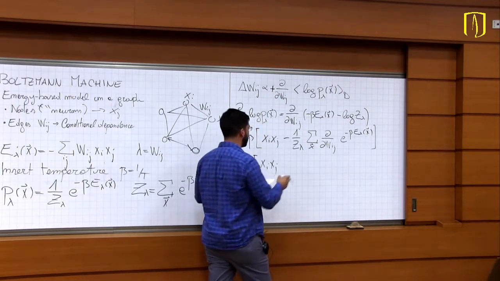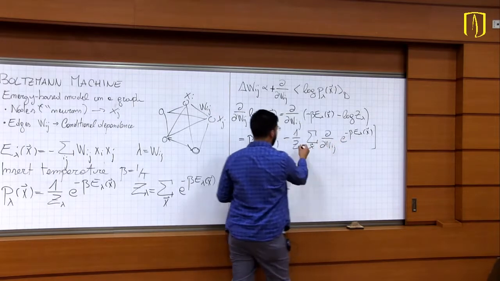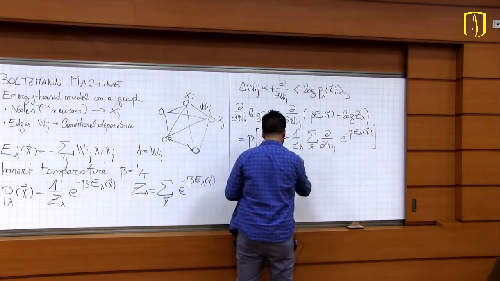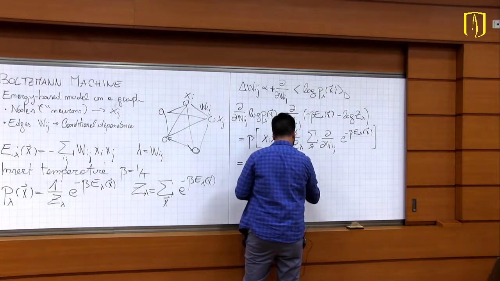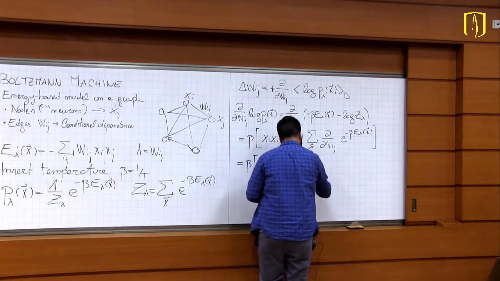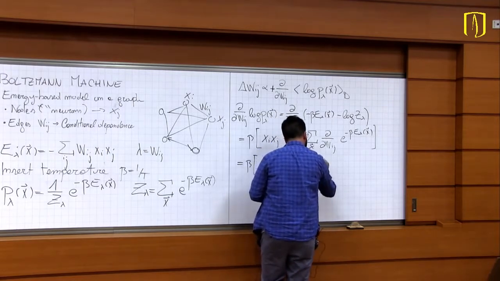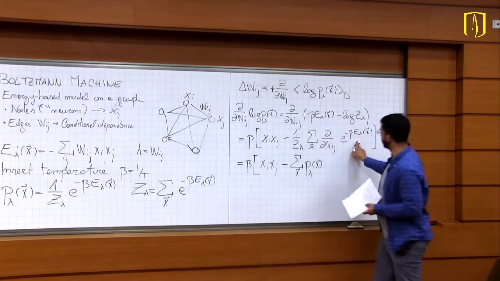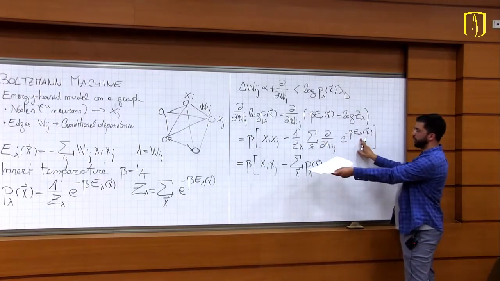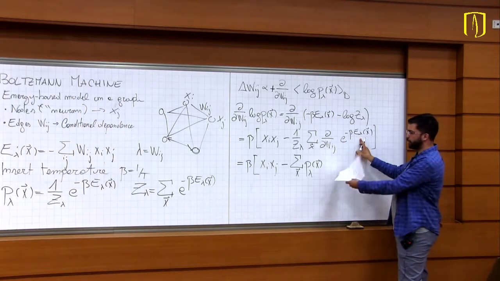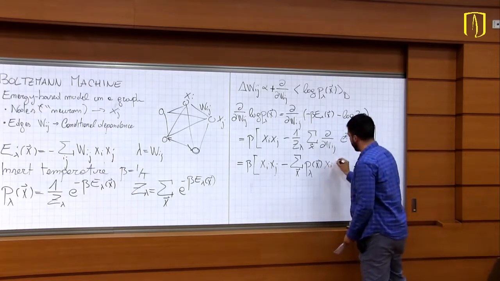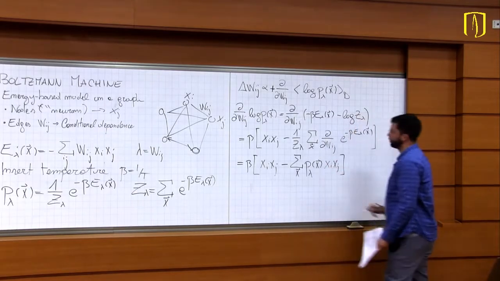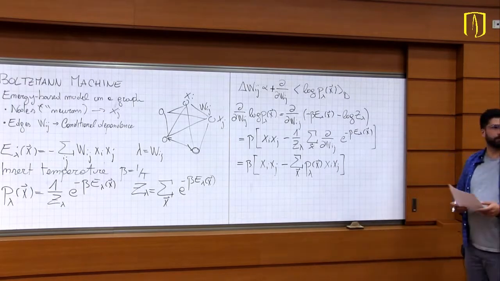Essentially, e divided by Z is just the probability. So I get p lambda of x, and again I take the derivative, I get two minus signs, and I get the derivative of e again. So it's the same correlation, xi, xj.